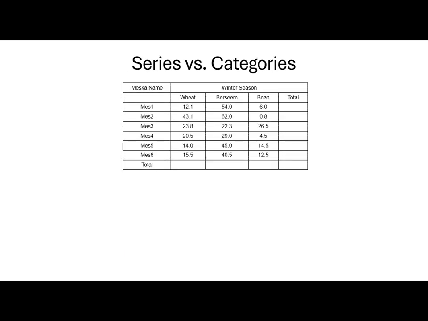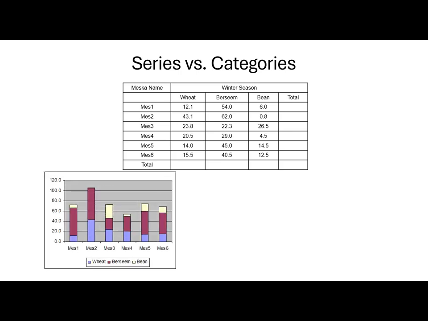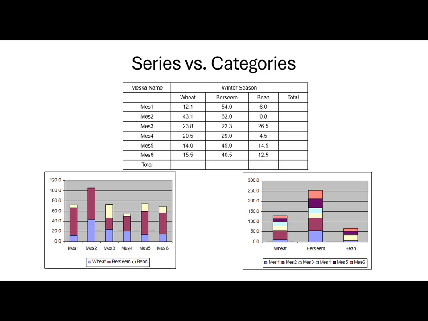Another example comes from the irrigation field. A MESCA is a small water course used for irrigation, and for each of the 6 MESCAs we have 3 types of plants: wheat, berseem, and bean. We can do a similar exercise like the one we did before, but here, instead of using clustered and stacked, we switch the XY axis to send 2 different messages.